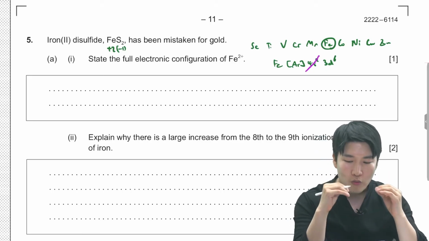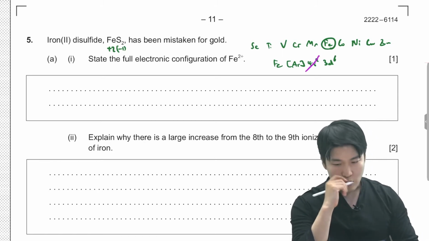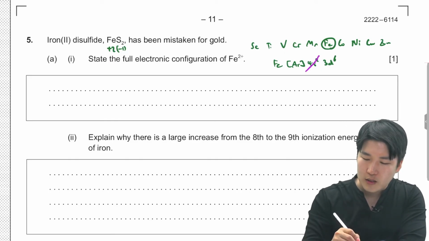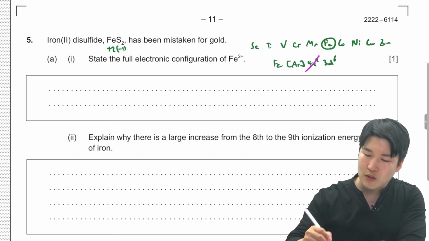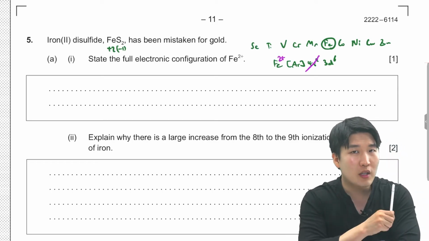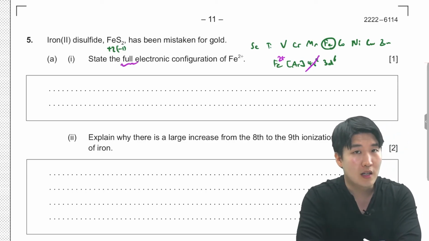But when we are removing electrons, the occupied 4s orbital is at higher energy than 3d. And therefore, the 2+ ion is going to be Ar 3d6. But you're not going to write Ar 3d6 because the question has asked us for the full electronic configuration.